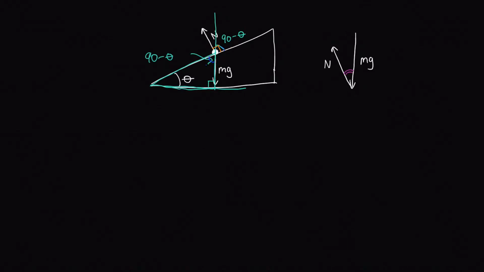So we've got 90 minus theta is this angle in here, and this whole big angle is 90 degrees. So that tells us that the angle in here must be theta. So the angle which our normal force makes with our line, which is vertically downwards, which is the direction of mg, is theta. So we can write that this angle in here is theta.